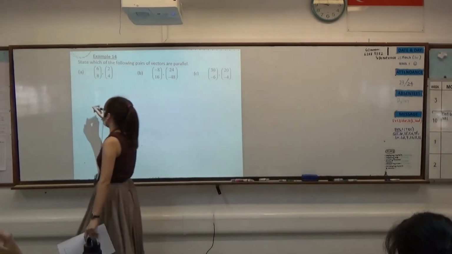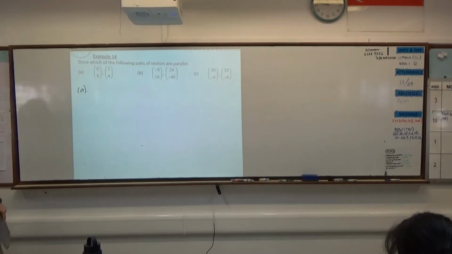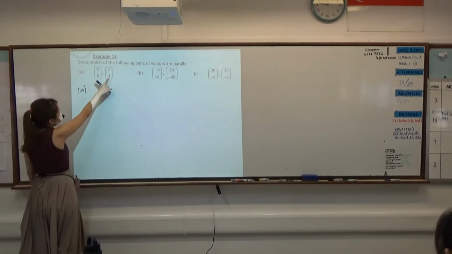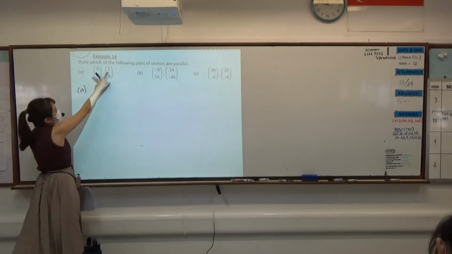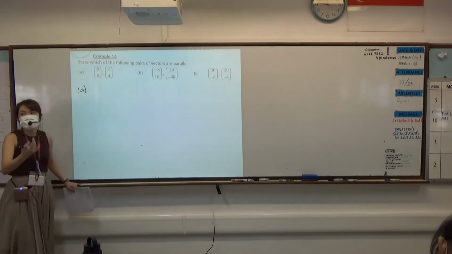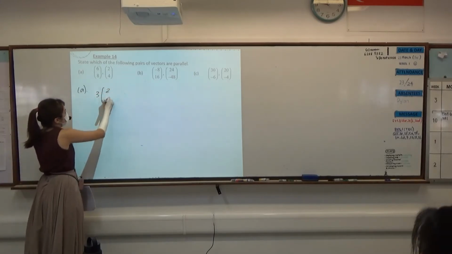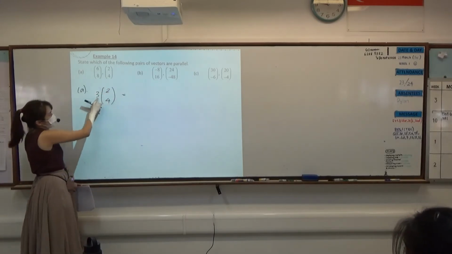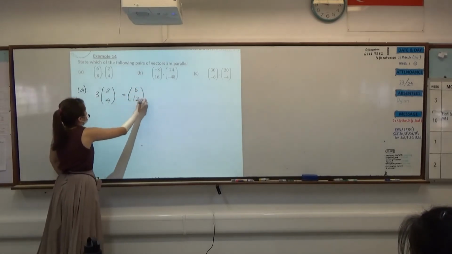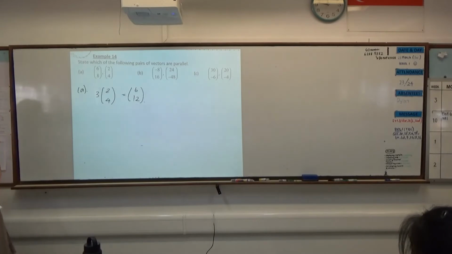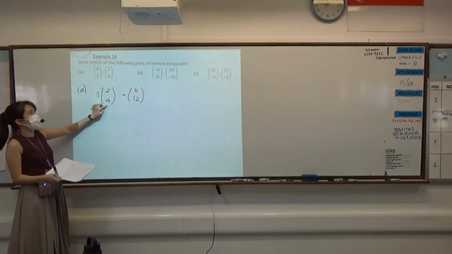Looking at part A, since I have (6, 8) and (2, 4), maybe I just compare the 2 and the 6. Let's look at times 3. If I multiply (2, 4) by 3, 3 times 2 gives me 6, and 3 times 4 gives me 12. So although the x component is equal, the y component is not.